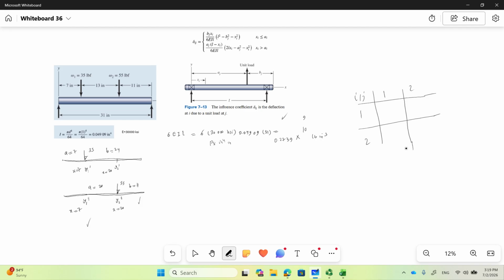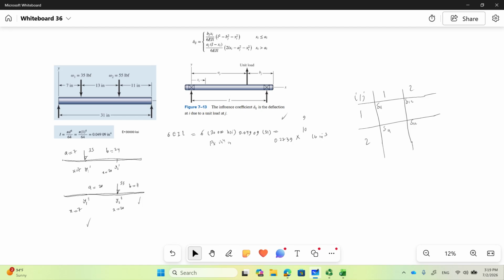You have to form this table or this matrix, and we're gonna find this delta 1 1, delta 1 2, delta 2 1, delta 2 2. We gotta find elements of this matrix. So how do I find these?